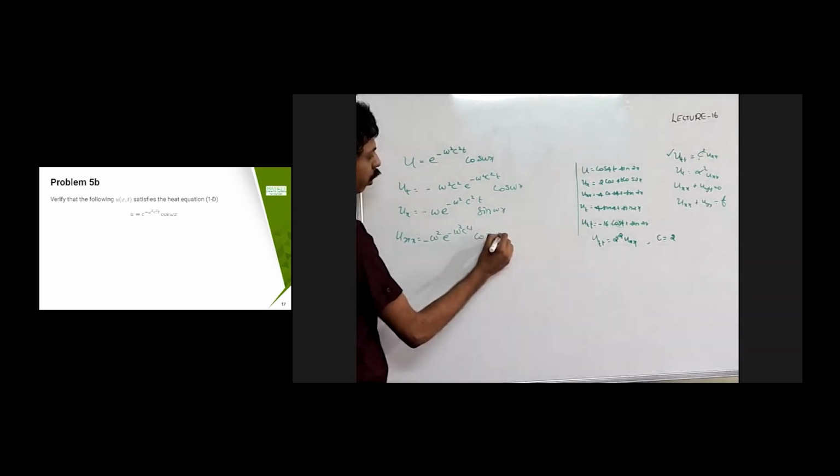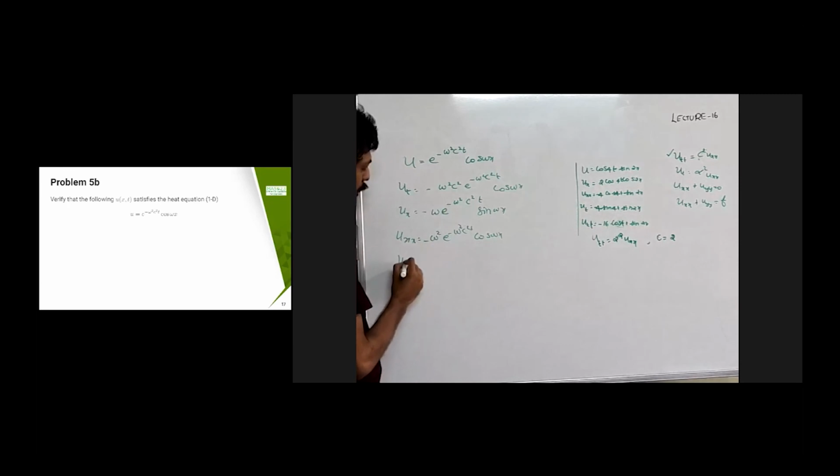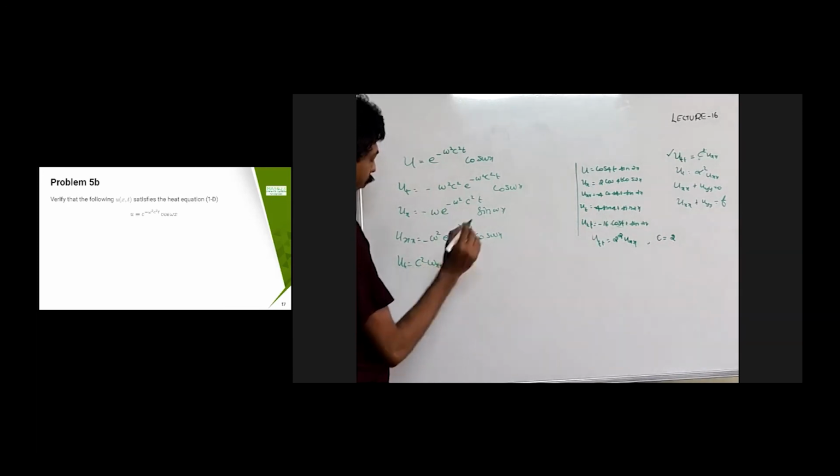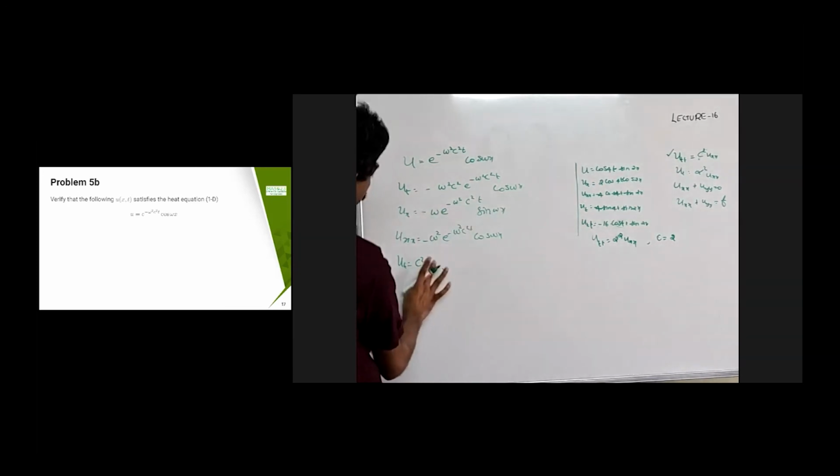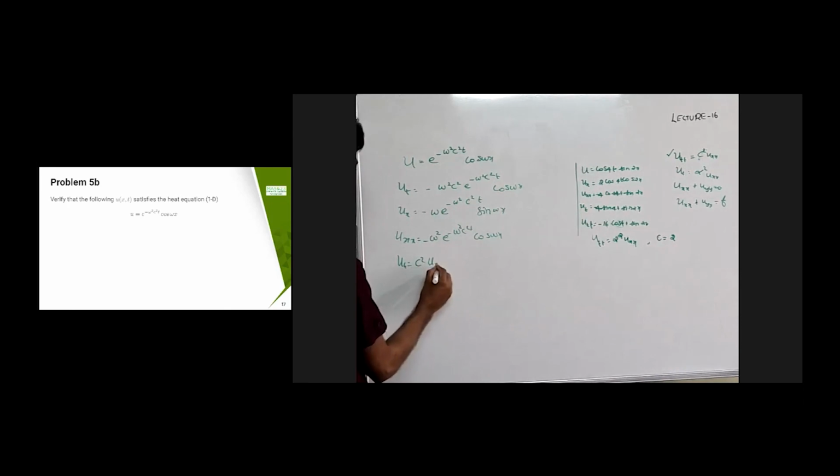If I multiply this one by c square, then this is going to happen. Ut is equal to c square uxx.